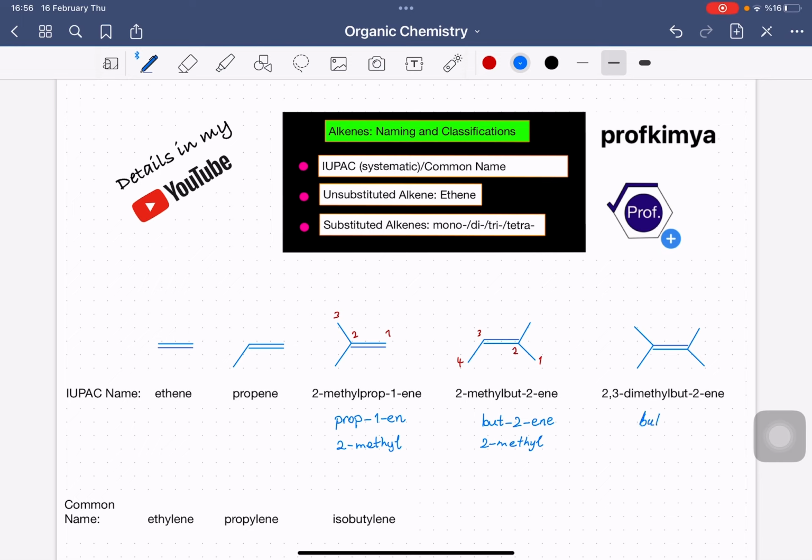Parent name is butan, but there is a pi bond at the 2 position. We need to add this as a suffix. 1, 2, 3, 4.